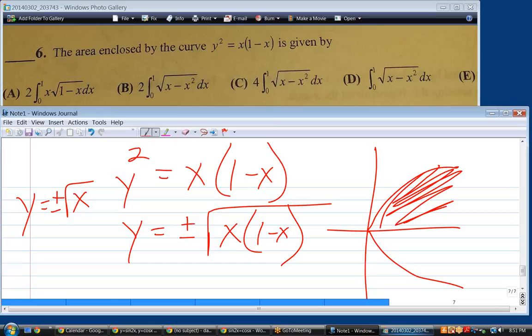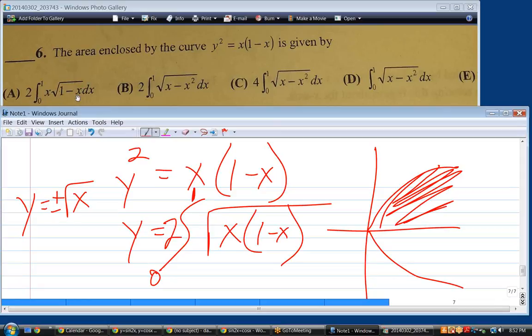So let's take this plus or minus, make it a plus because I can integrate that. So I'm going to integrate that from, what, 0 to 1? Must be 0 to 1. They're all 0 to 1s. And multiply it by 2, which looks like answer A. How do we get the x out of that?